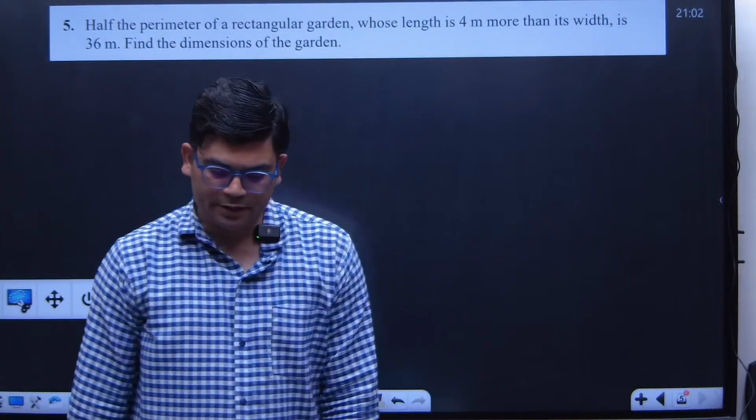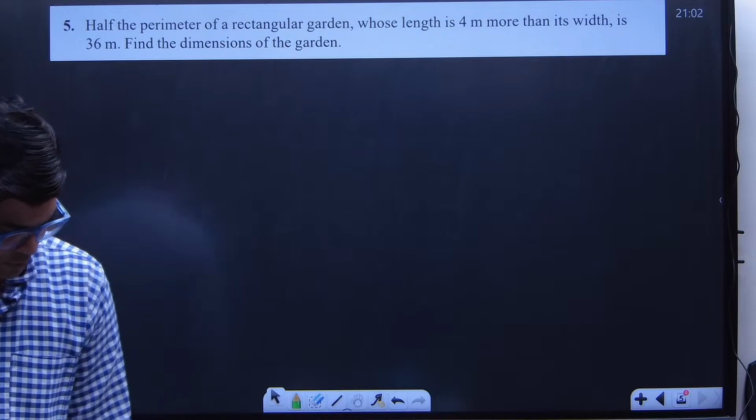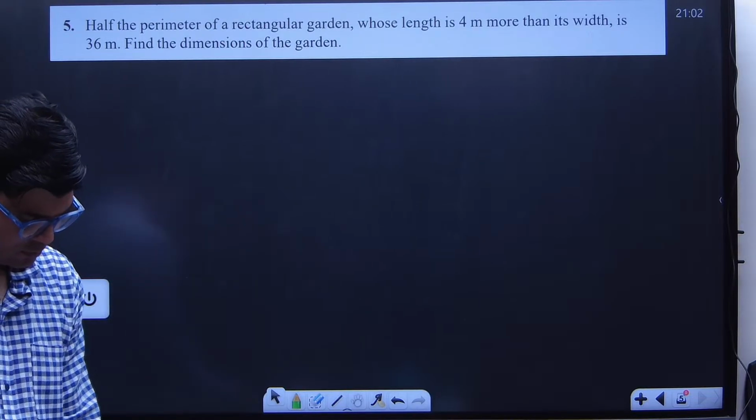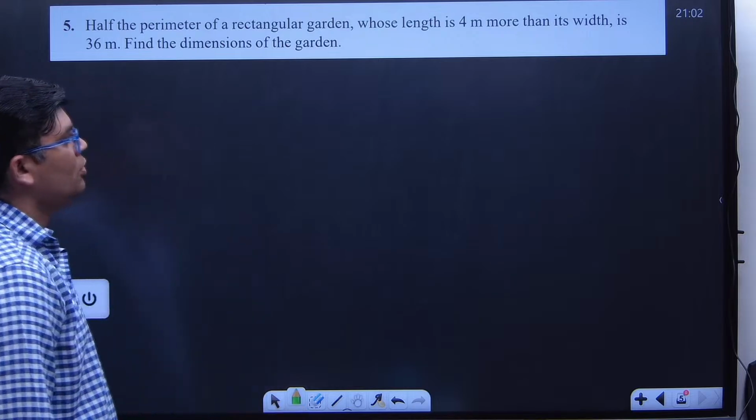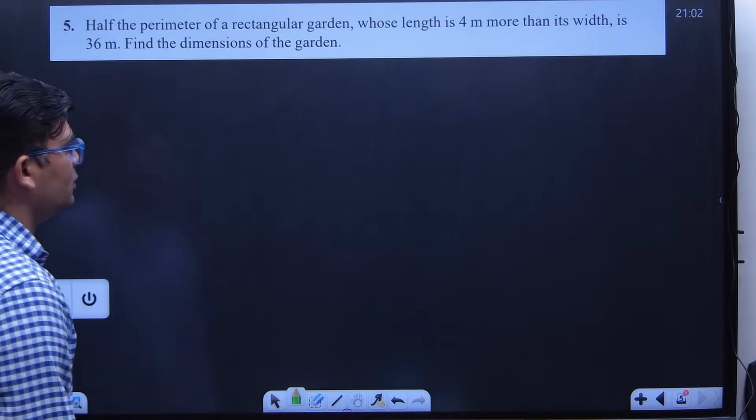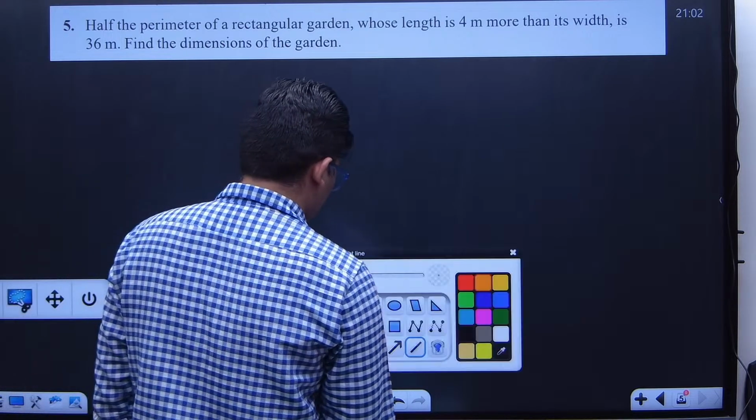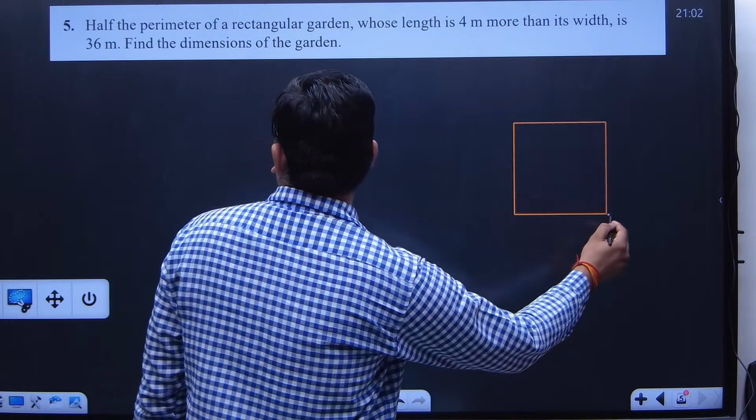Half the perimeter of a rectangular garden whose length is 4 meter more than its width is 36 meter.